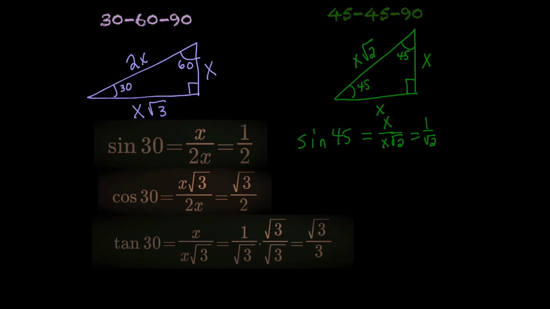Just like before, we want to get that radical off of the denominator. So we'll do this, and we'll get square root of 2 over 2. And the cosine is going to be the same thing because the adjacent side is the exact size as the opposite side. So the same exact thing.